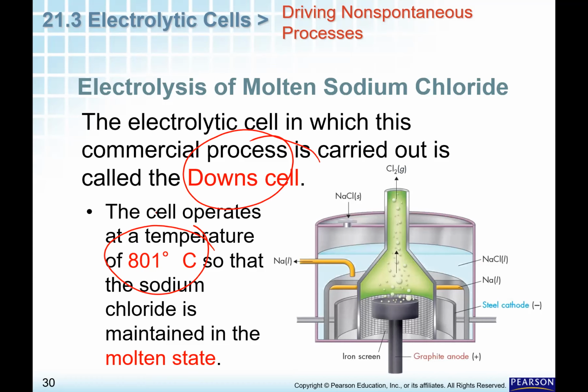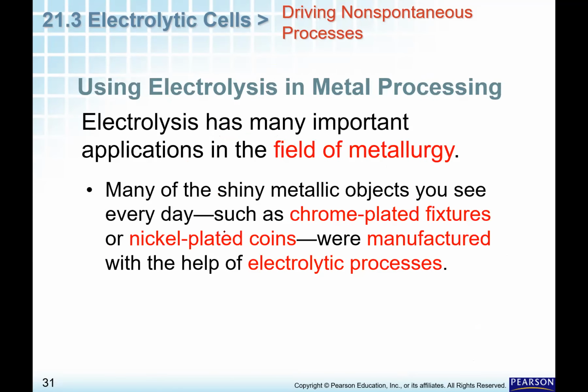In order to melt it, you need to go above 800 degrees to get it into liquid. Then you apply your electrodes and you will start seeing chlorine gas collected from the top as a gas, and the sodium liquid collected from the side here as liquid sodium.